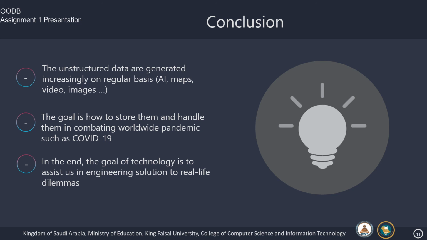The goal here is how we can utilize different types of technology, in our case NoSQL databases, in order to store the data in an effective and beneficial manner and use it to combat worldwide pandemics such as the coronavirus. In the end, the goal of technology here is assisting us: how can we make our life easier and also assist us in fighting dilemmas and major problems in a very effective manner?